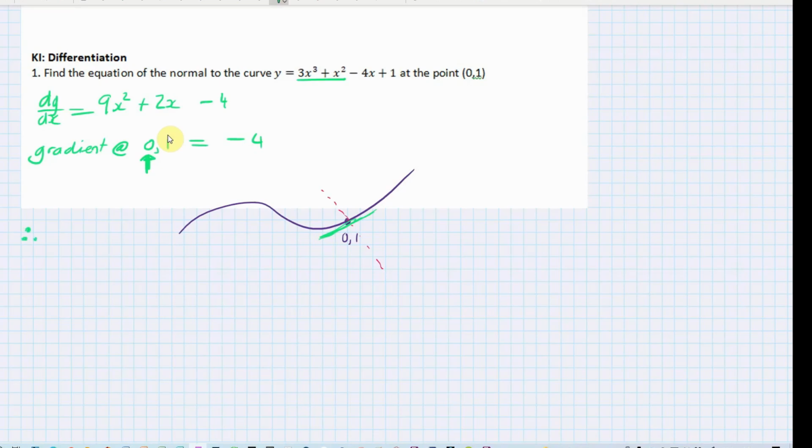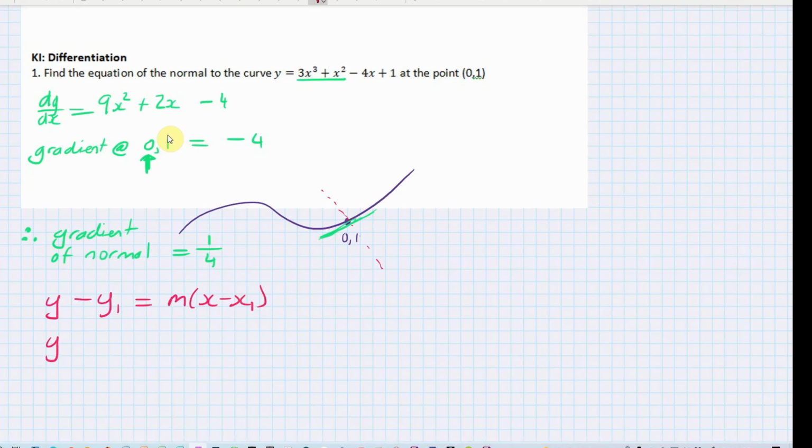Therefore, the gradient of the normal, and normal is perpendicular, isn't it? So it will be the negative reciprocal, so it will be 1/4. Now, to find the equation of the line, I'm going to use y minus y1 equals m into x minus x1.